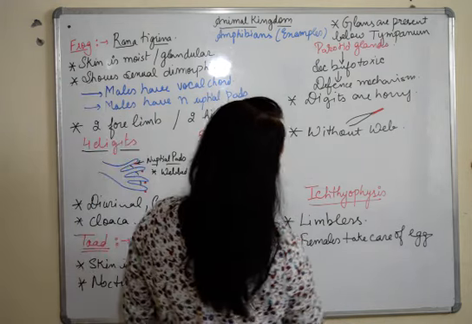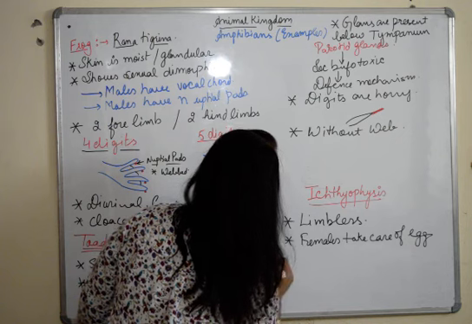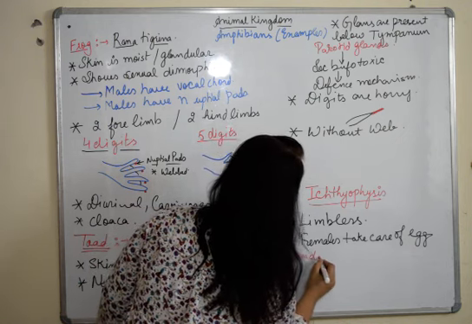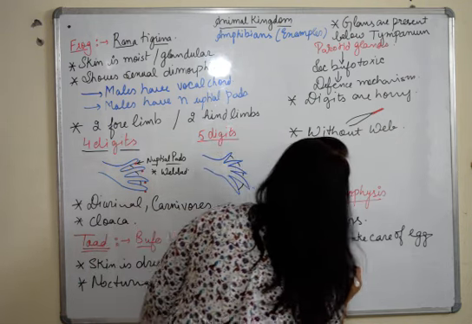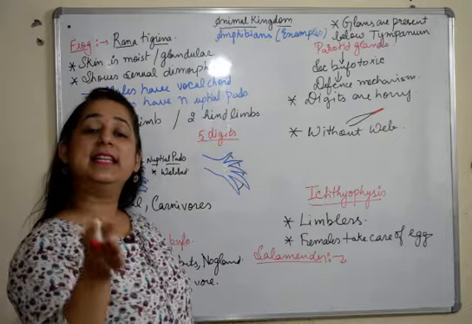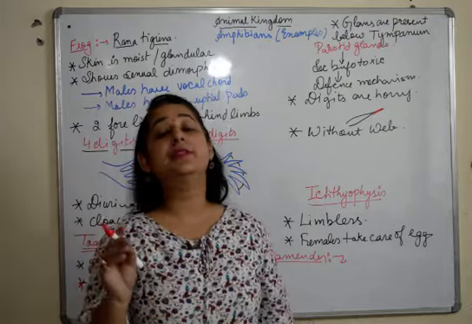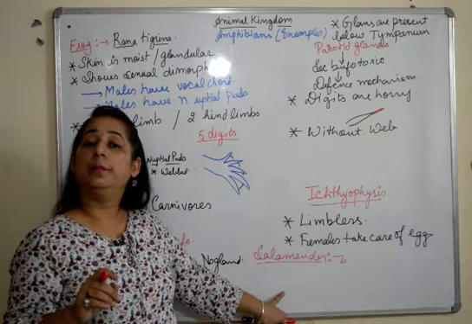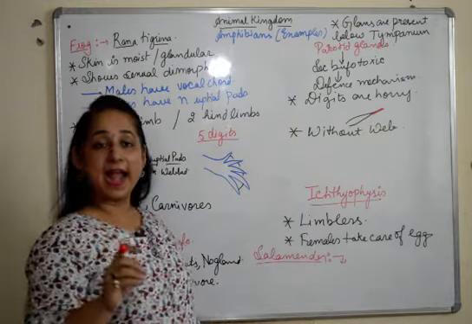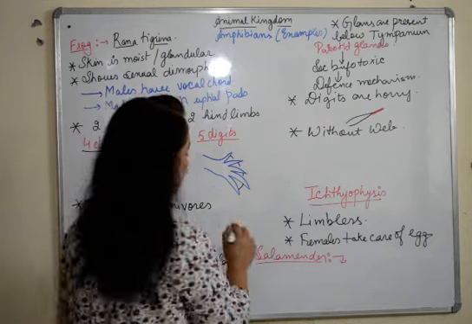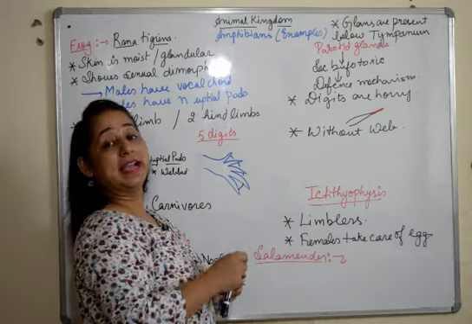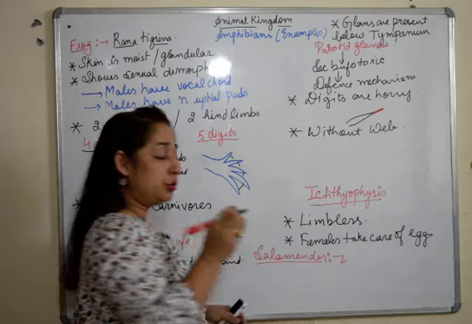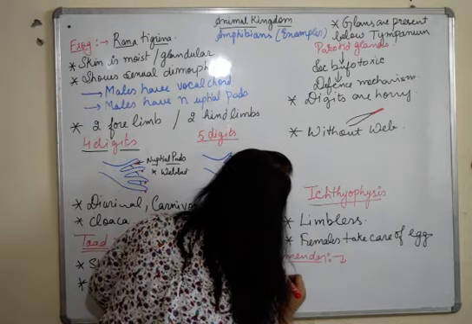Salamander. As I have discussed it as an exception in our previous video also, when we were talking about the examples, this salamander basically remains in water, and it is a ureotelic, a very important feature. Otherwise all the amphibians are ureotelic, but salamander is a monotelic.